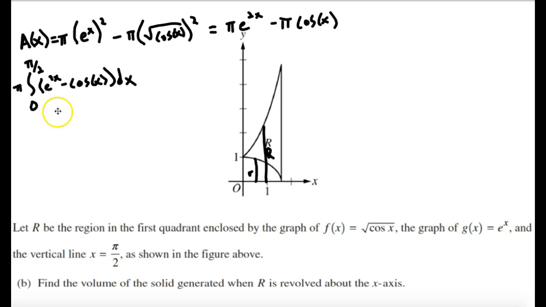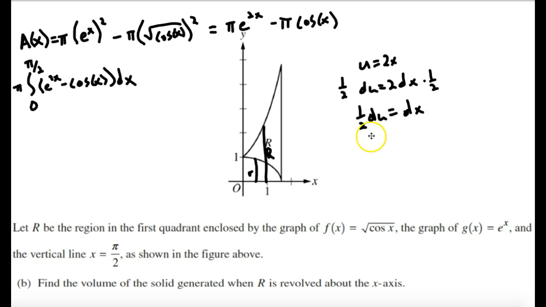If I want the antiderivative of e to the 2x, technically we would want to think about that as a u substitution problem. So I'm going to come over here and do that. We would have u equals 2x, du equals 2 dx, but I just want my coefficient to be 1, so I would need to multiply by 1/2, so we get 1/2 du equals 1 dx.